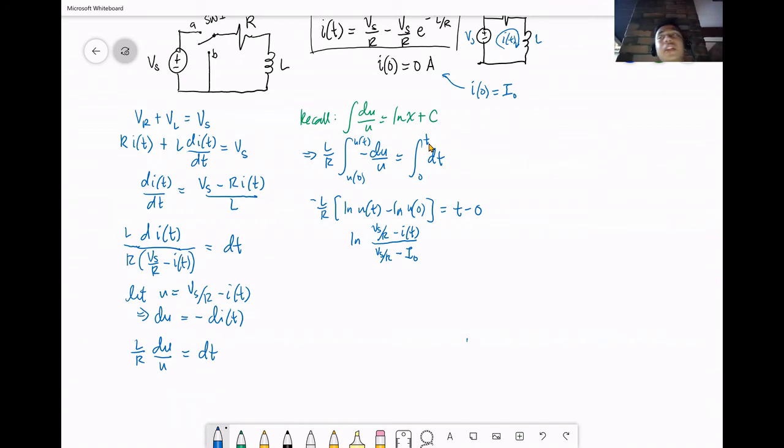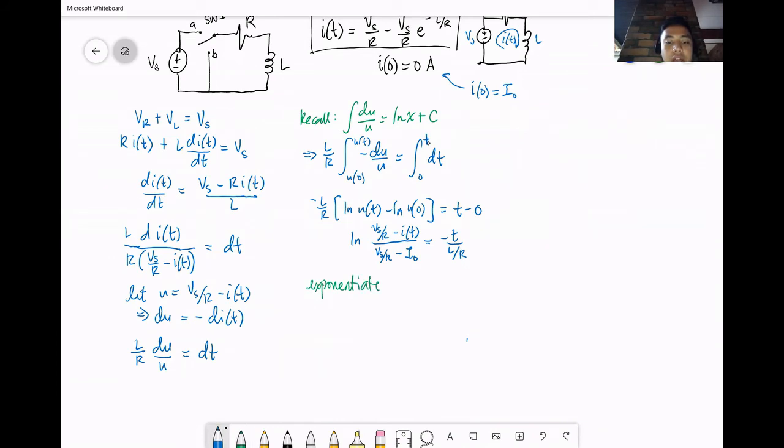Maybe our inductor is initially charged, di ba? Okay, and then you can transpose the negative L over R, it becomes negative t over L over R. Cross multiply, then exponentiate.